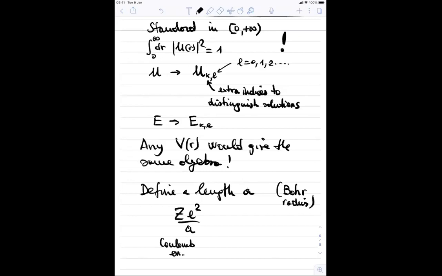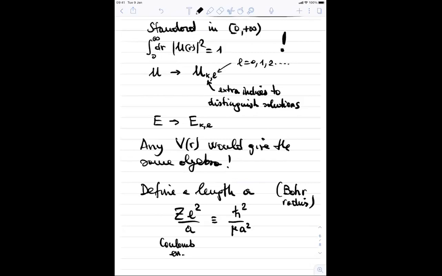Okay, simply the potential energy felt at a distance A I pretend to be equal to the kinetic energy of confining a particle in a length A. Notice that I don't put the factor 2 there. Obviously, you might say, well, let's put the factor 2.